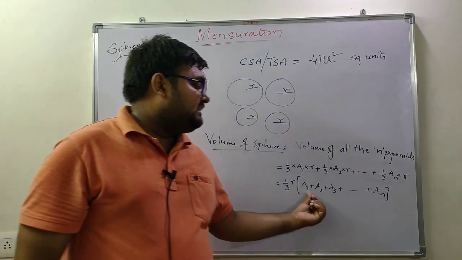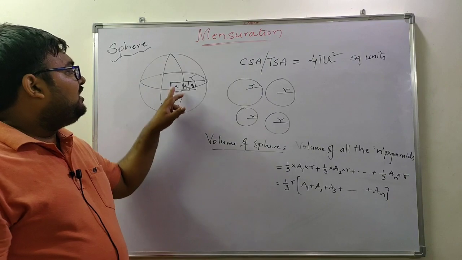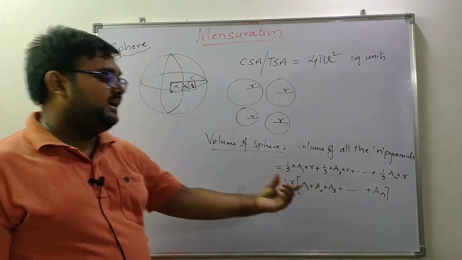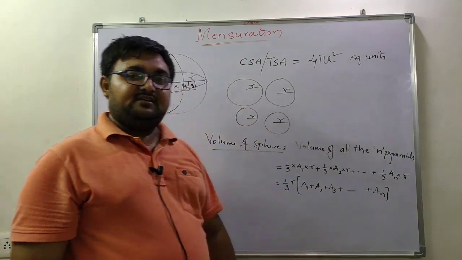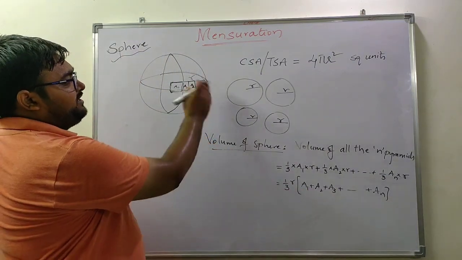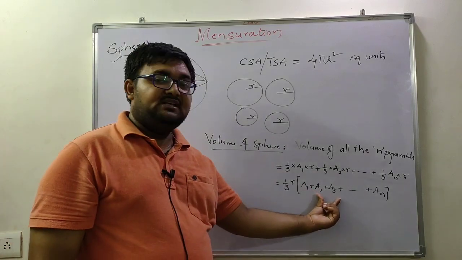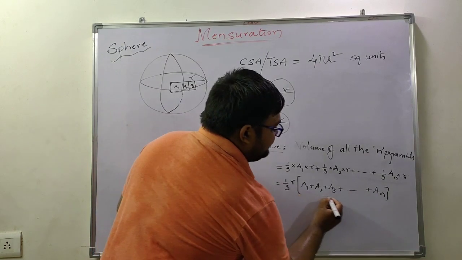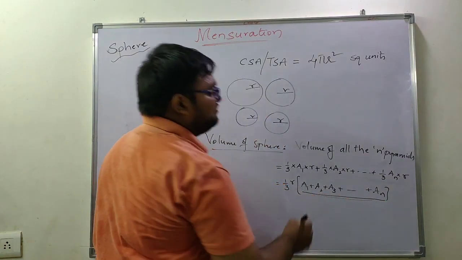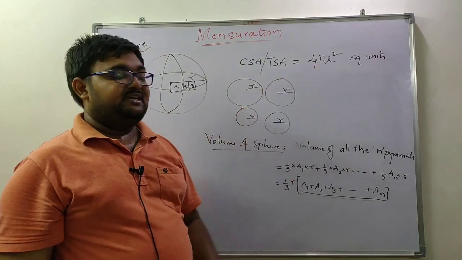Now these are nothing but the sum of all those base areas, no? If I combine all these parts' areas, I get A1, A2, A3 and so on up to An. Indirectly, those base areas are equal to the surface area of the sphere. So I can write A1 plus A2 plus A3 plus so on An as the total surface area of the sphere.